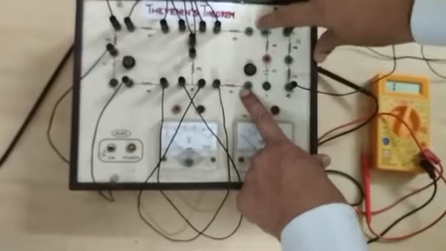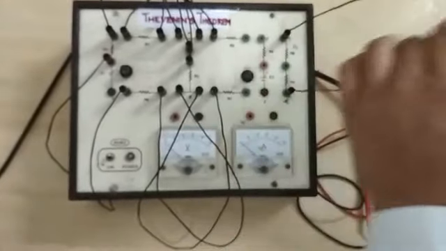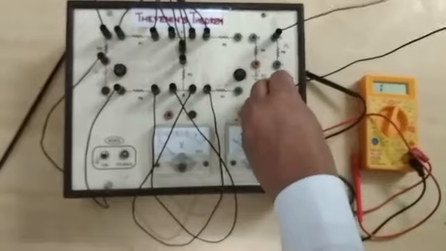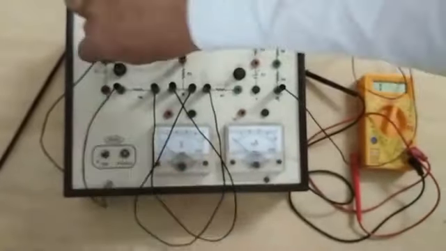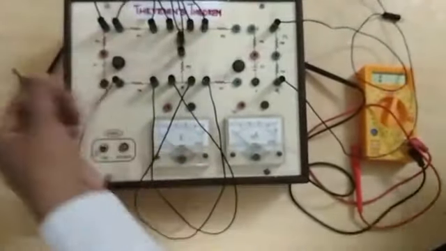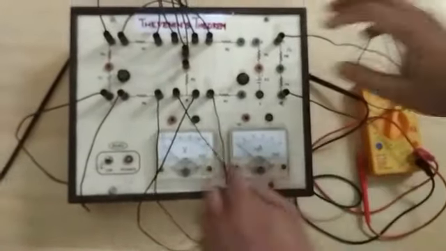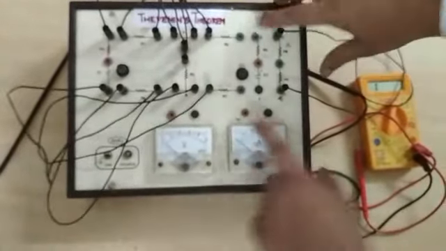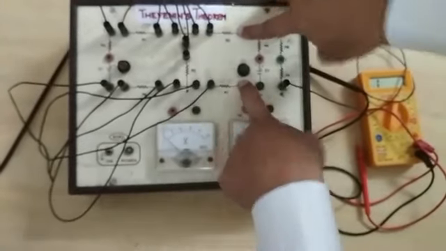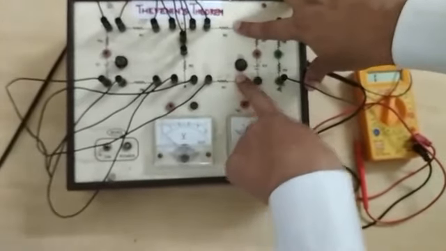So for calculating VTH of the circuit, you still need to remove this load, but you have to reconnect the source to the circuit. Now you just need to measure voltage at this terminal, and whatever voltage you get at this terminal is your VTH.